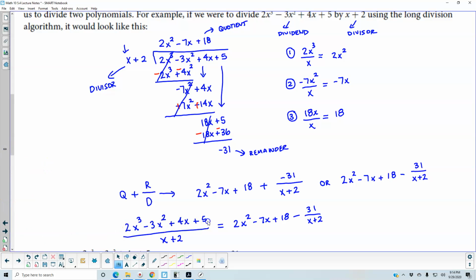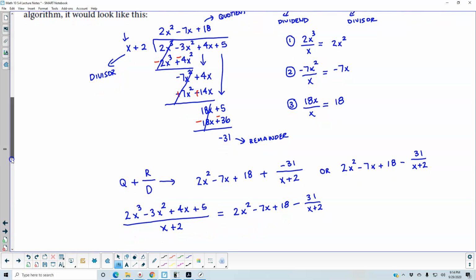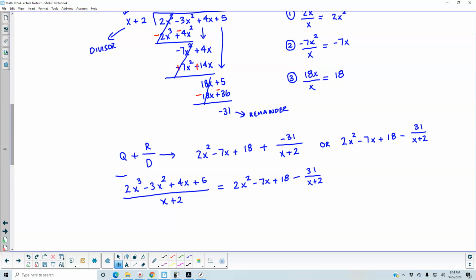So my question is, what is the LCD of these three terms? Well, the LCD is x plus 2.